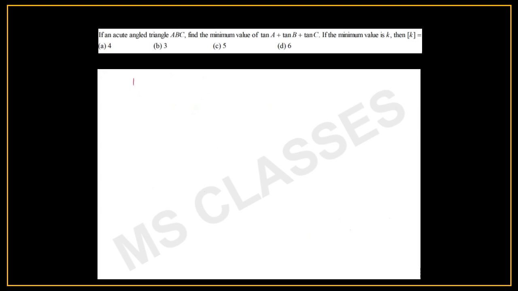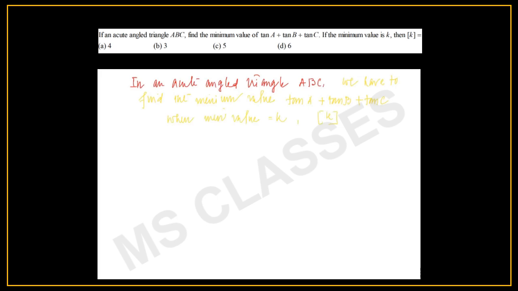It is given that in an acute angle triangle ABC, we have to find the minimum value of tan A plus tan B plus tan C. If the minimum value is K, then we have to find the box of K. So this is the whole requirement.